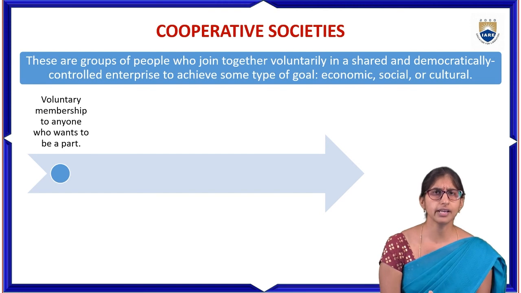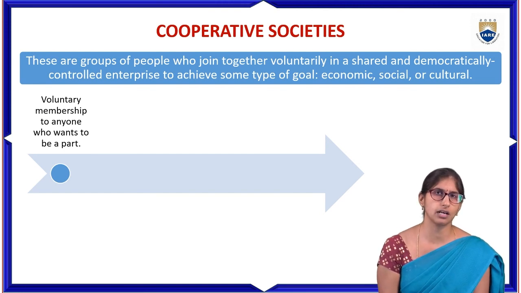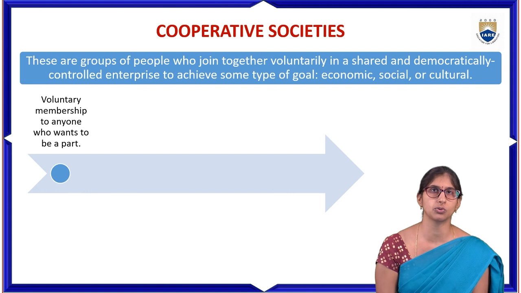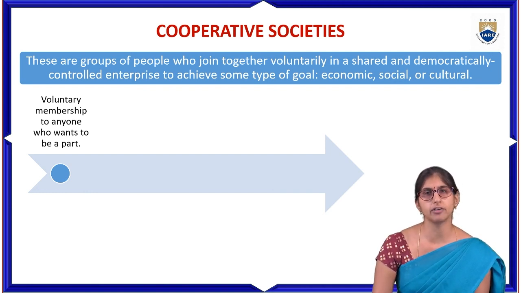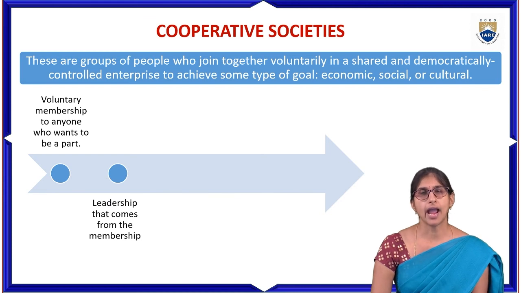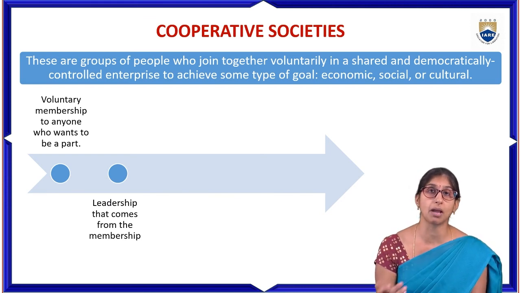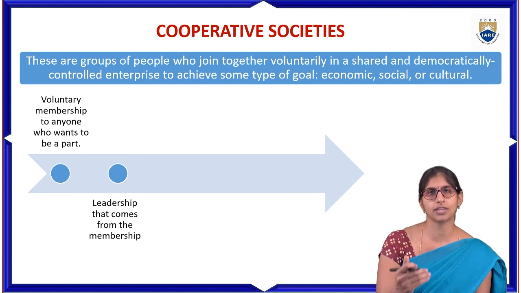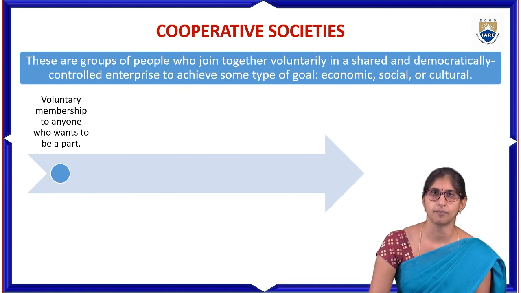So here the features of this cooperative society are, first, voluntary membership, open to anyone who wants to be part of that particular cooperative society. And here the owner's leadership comes with membership. Okay, so if you are a member, then you can become a leader of that society.